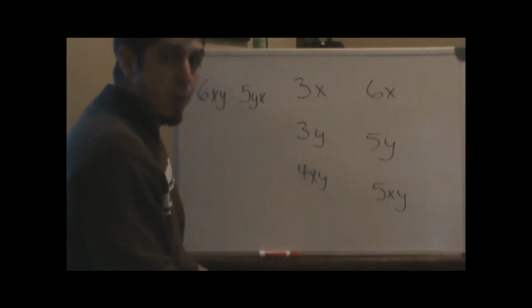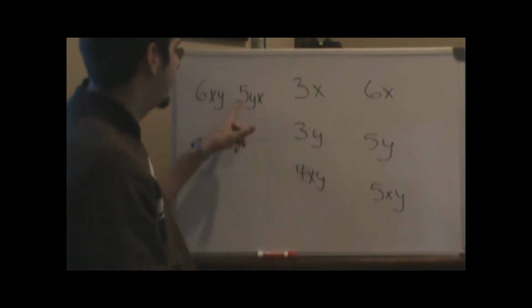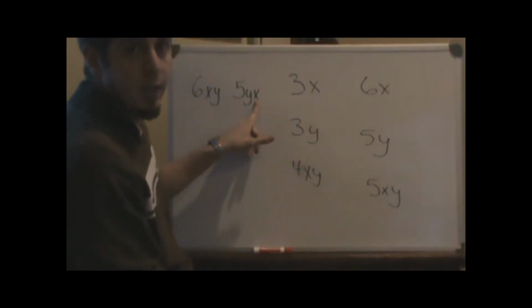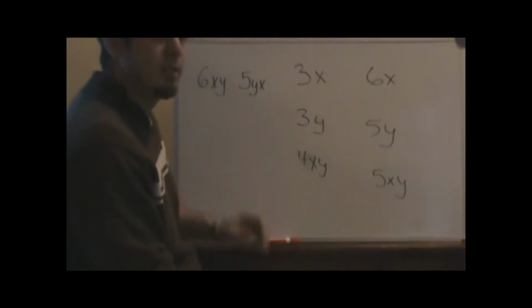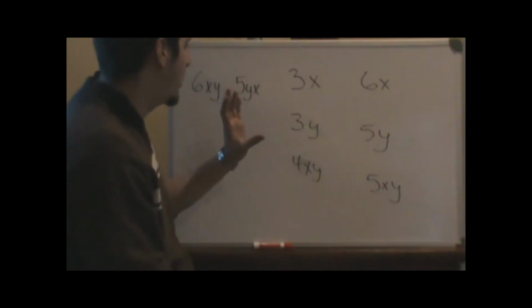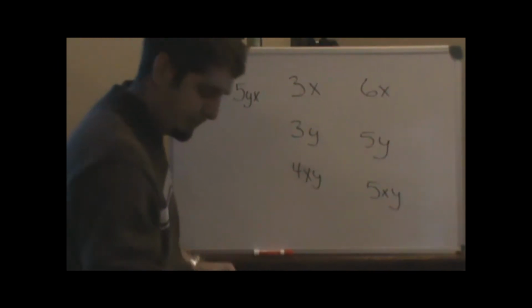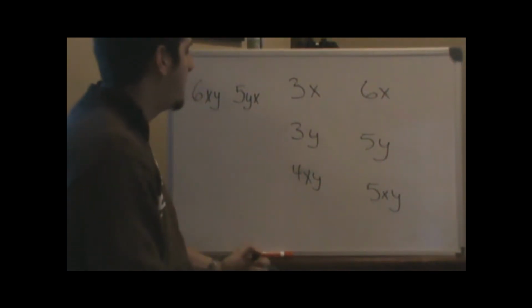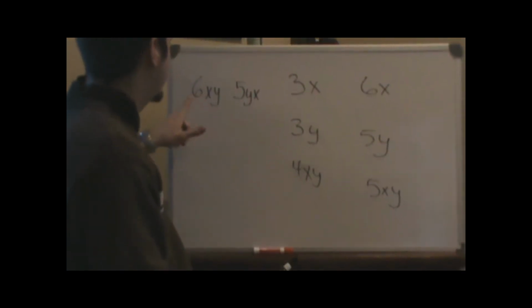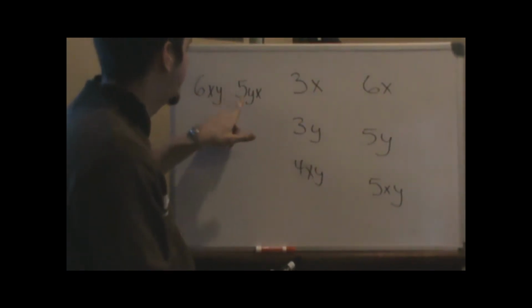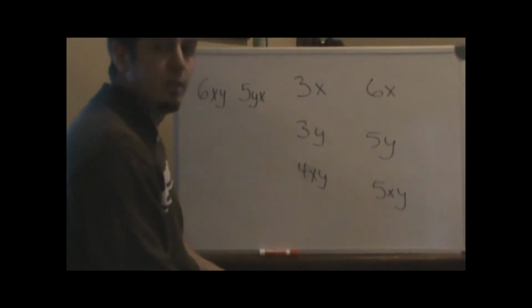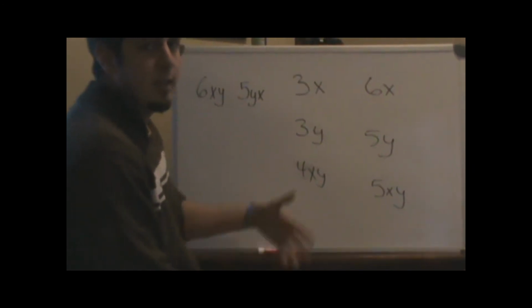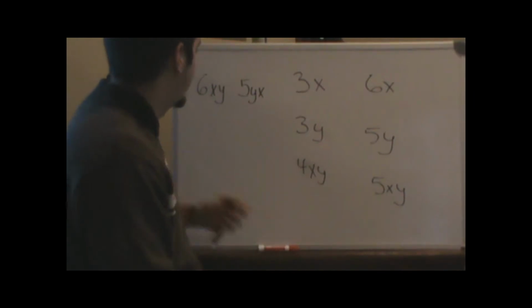And the commutative property tells us that if I have all multiplication here, I can do it in any order and get the same answer. So it doesn't matter what order my numbers are in. We'll talk more about why it is that 6xy plus 5yx equals 11xy in another video right after this.